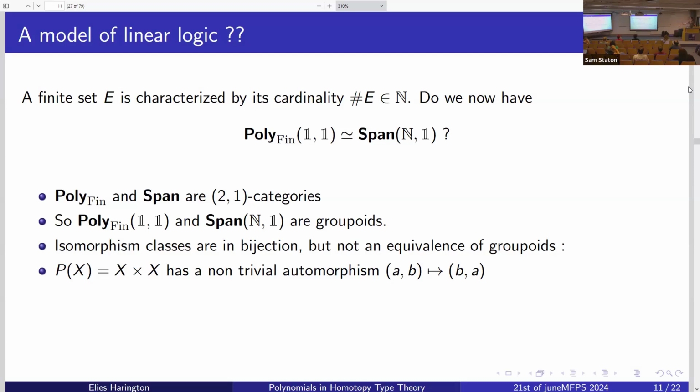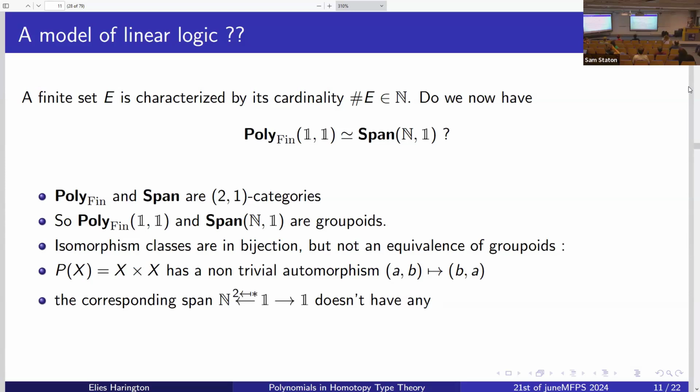And if you see the corresponding span between one and the natural numbers, it's the span with just the singleton here, and that selects the exponent of this x squared here, so it just selects 2. And this span here doesn't have any automorphism, because an automorphism of spans would be a map from one to itself, such that some equalities hold. And there is only one map from one to itself.